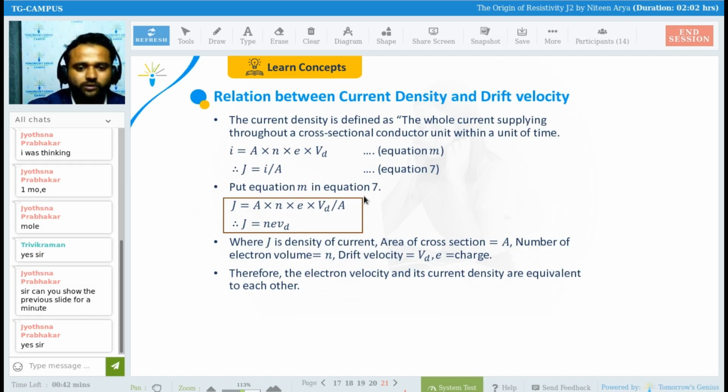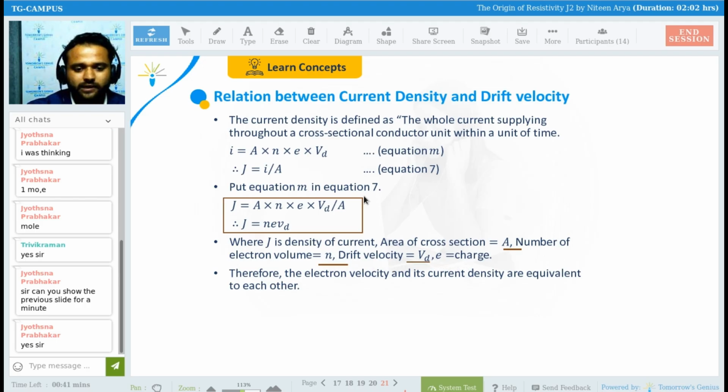I already wrote it down, where J is the density of current, A is the area of cross section, number of electrons per unit volume is N, drift velocity is Vd, E is charge.